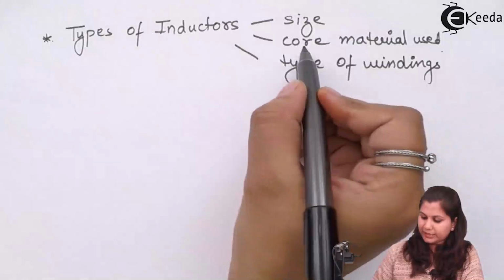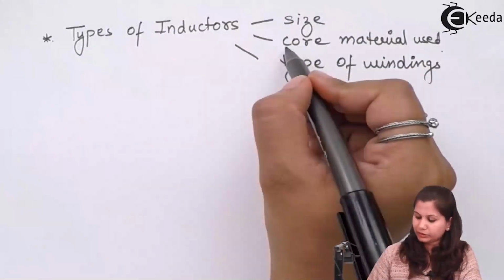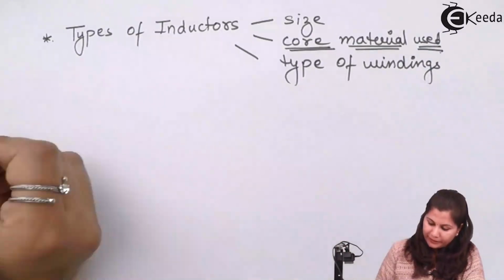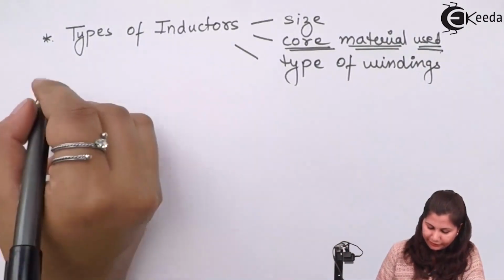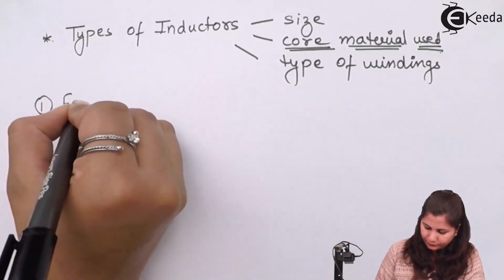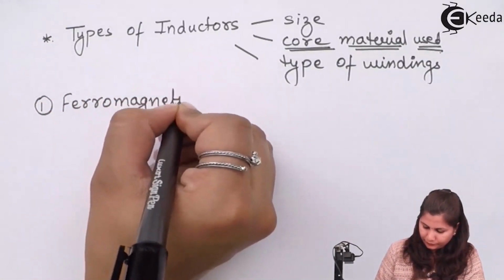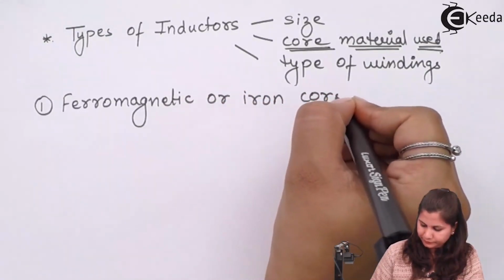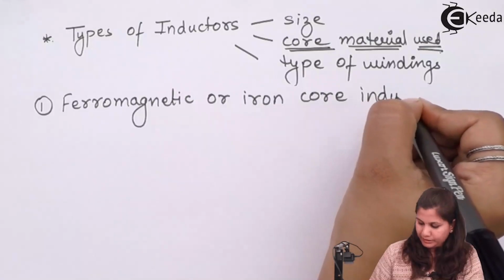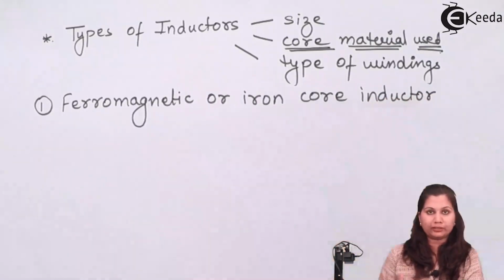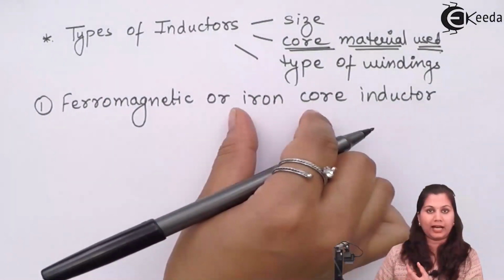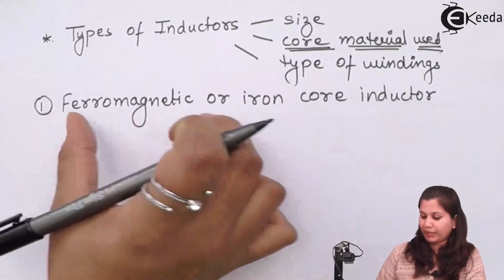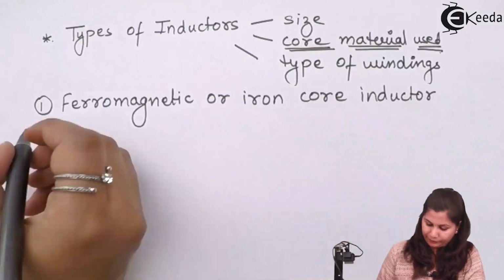Here let us see the types of inductors on the basis of the core material used. On the basis of this, inductors are classified into ferromagnetic or iron core inductors. If the inductor is constructed using either an iron core or a ferromagnetic material, then it is called a ferromagnetic or iron core inductor.